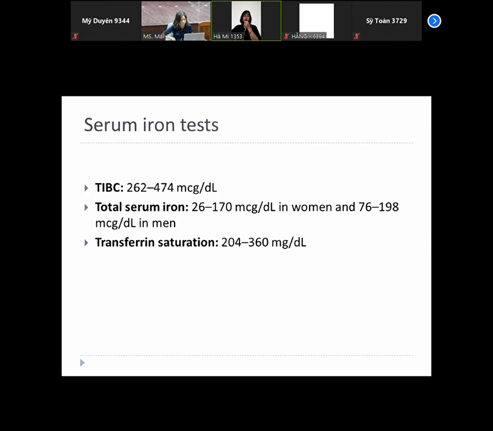It is also used to monitor treatment for hemolytic anemia or sideroblastic anemia, and finally to track if there has been a case of iron poisoning. On the screen is also the normal range of the serum iron test I show you.